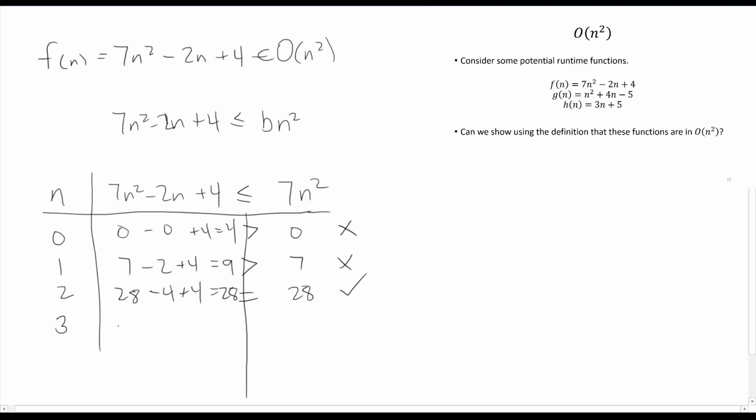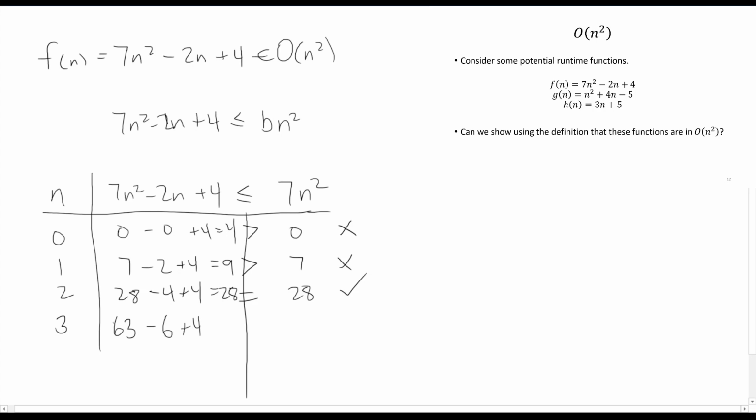So let's try here again. 3 squared, this is getting a little bit harder. 3 squared is 9. 9 times 7 is 63. Okay, minus 3 times, that's 6, plus 4. So that's actually going to give us a minus. The minus part is now dominating the plus part. That's good to see.